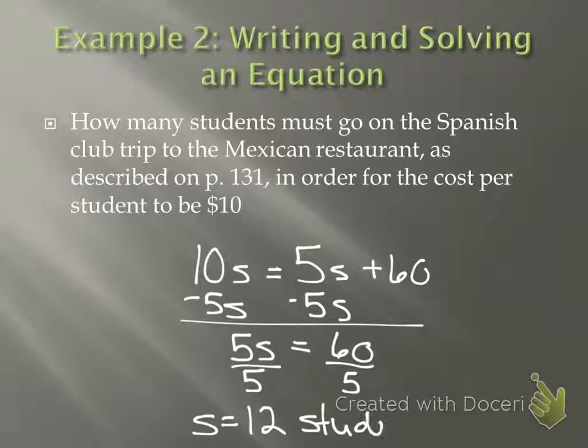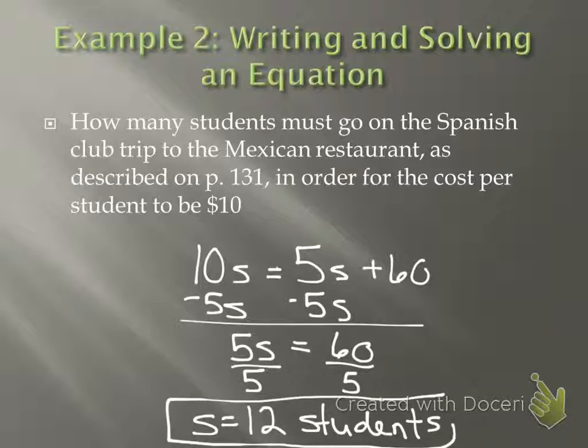If any less than 12 students go, it's going to cost them more than $10 a piece, because they're going to have to each pay more per person for the bus. If more than 12 students go, then they pay less than $10 each, because they pay less money per student on the bus.